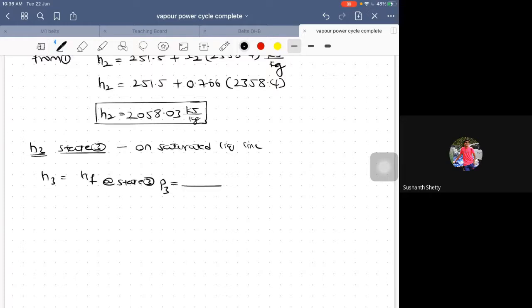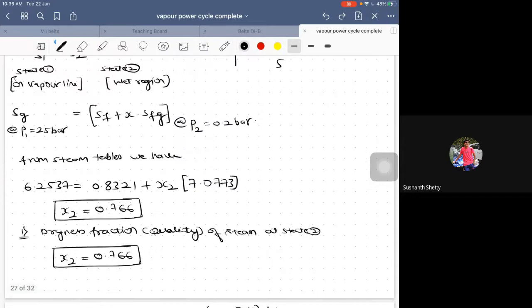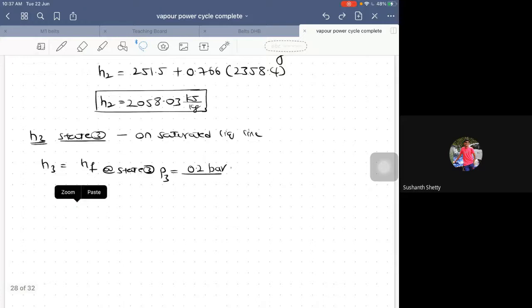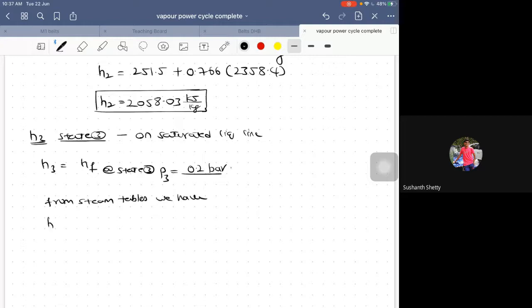What is the pressure of P3? Again, it is 0.2 bar. Now, what from steam tables? So what is the value of H3 in kilojoules per kg?